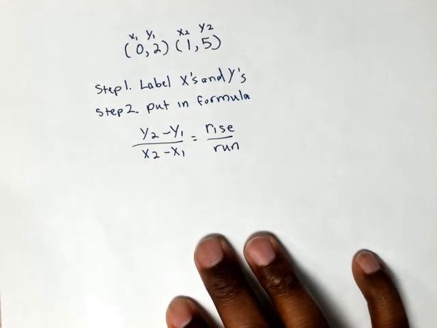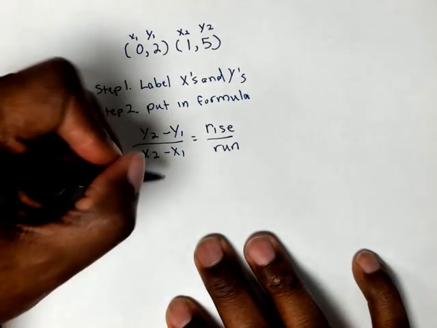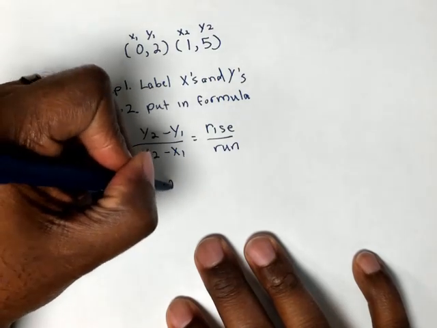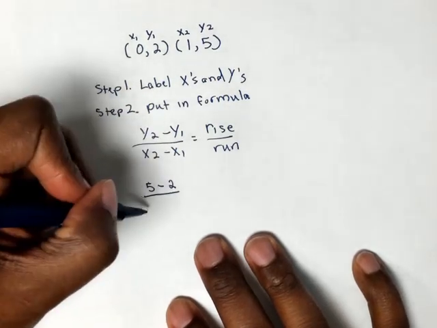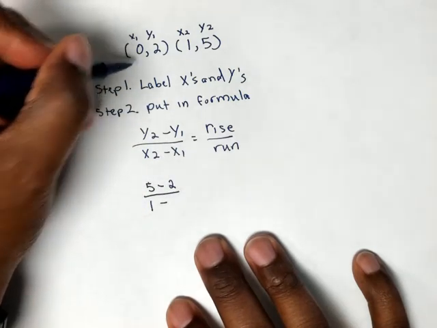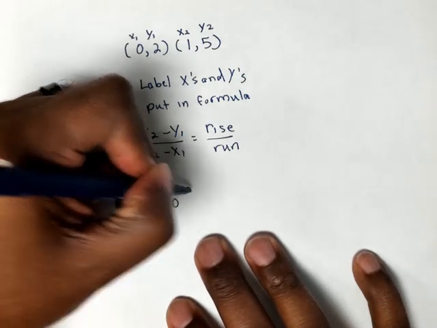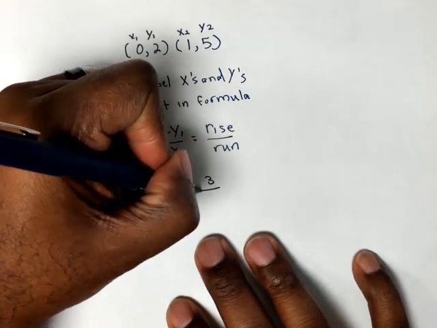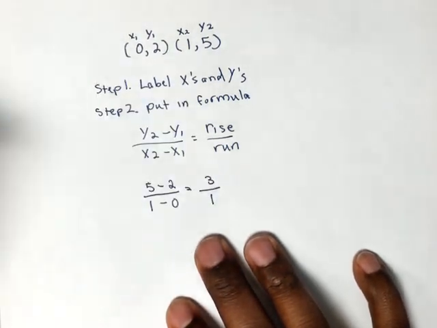If I put those in there, y2 is 5, so that's 5 minus my y1, which is 2, over x2, which is 1, minus 0. That tells me 5 minus 2 is 3, and 1 minus 0 is 1.